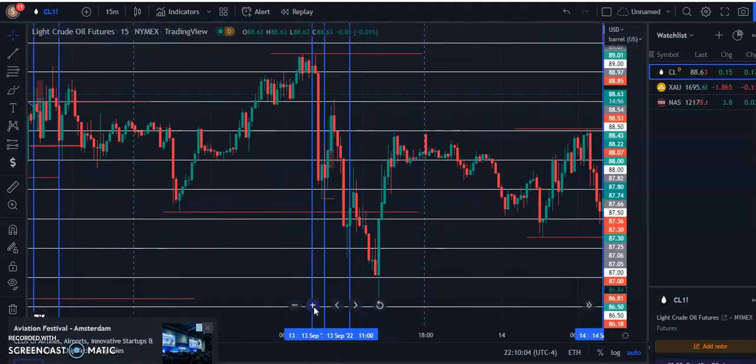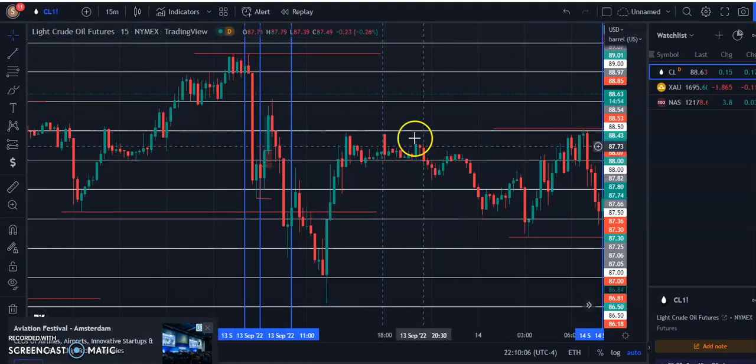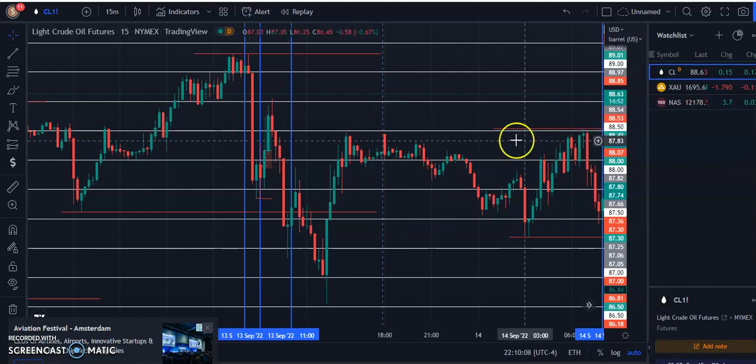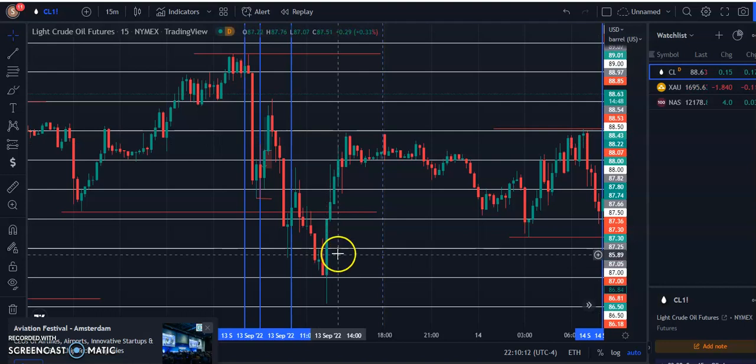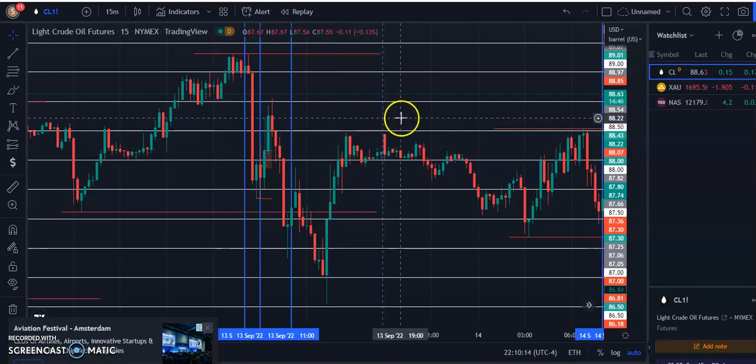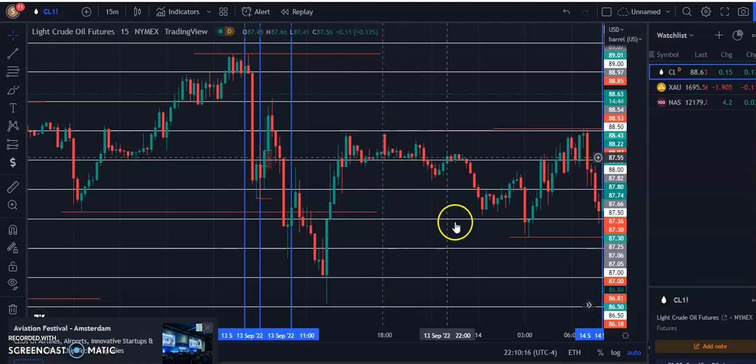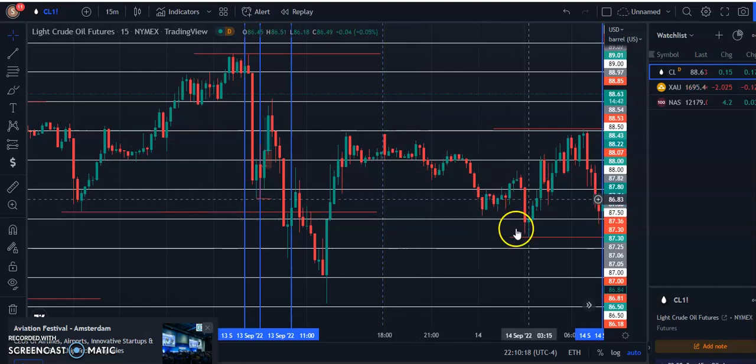yesterday, as you can see, this is yesterday from this blue line up to 8 p.m. before everything starts. You can see that the price was just nothing really going on, but it set the high and the low of the day.